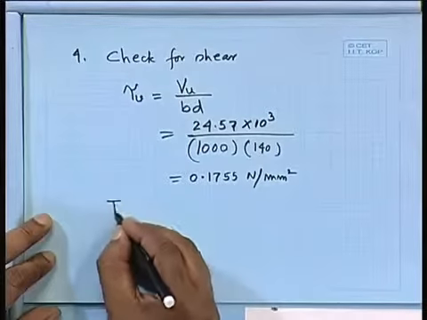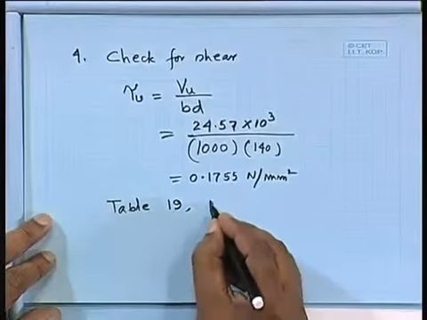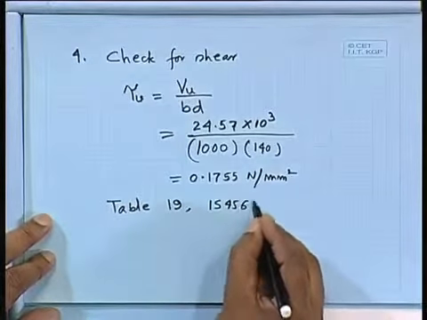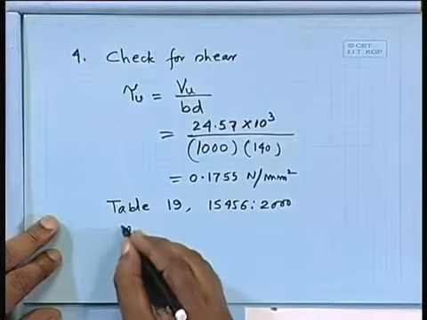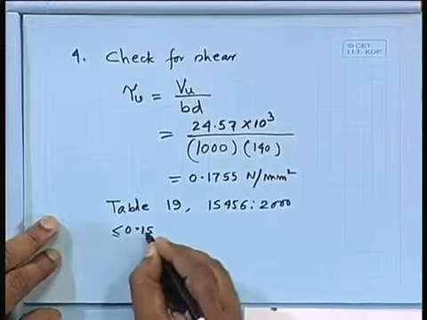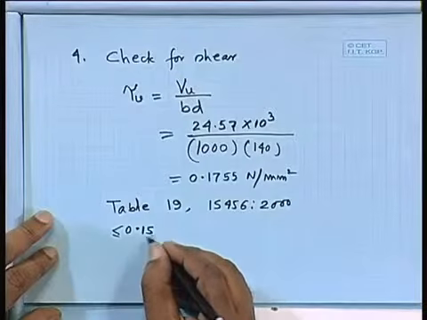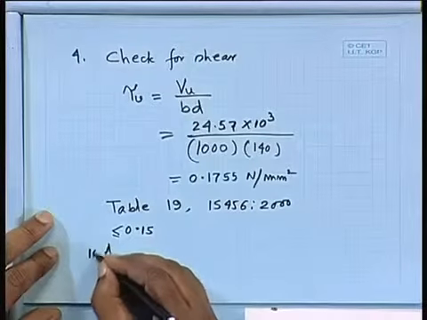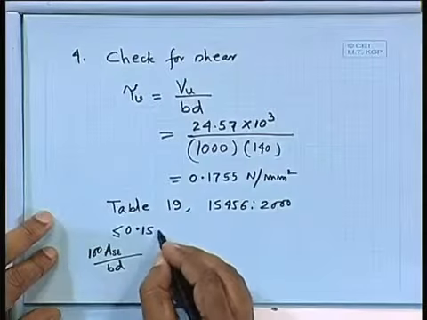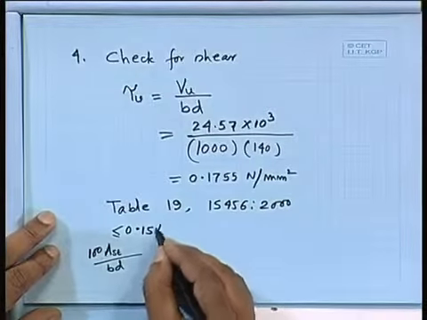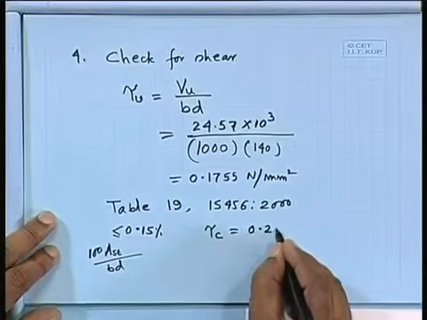Table 19, IS 456 2000, gives for 100 Ast by bd less than or equal to 0.15, that is 0.15 percent, tau c equal to 0.28.